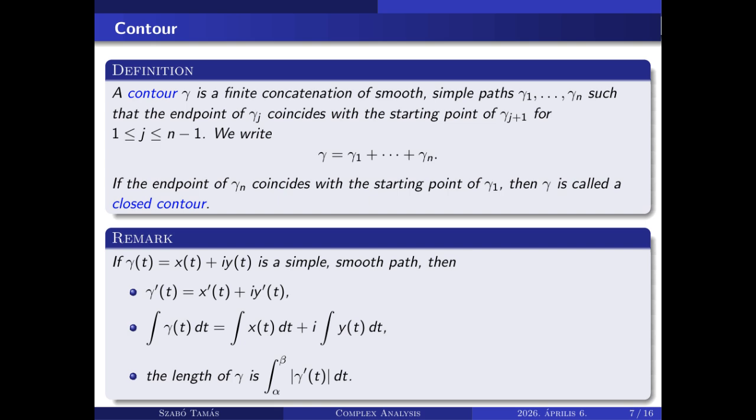Its integral is taken component-wise. The integral of gamma of t with respect to t equals the integral of x of t with respect to t plus i times the integral of y of t with respect to t, and the length of gamma is the integral from alpha to beta of the modulus of gamma prime of t dt.